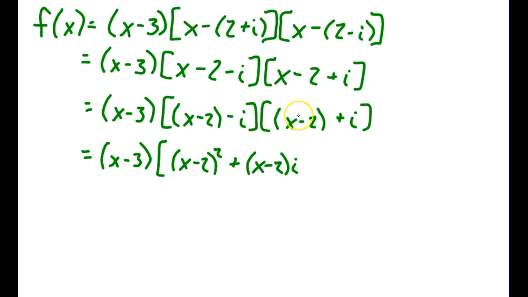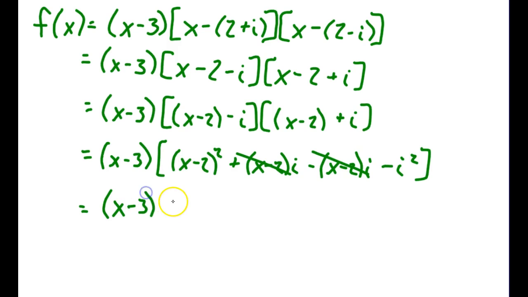Then I'm taking negative i times x minus 2, so I have a minus x minus 2 times i, and then we have minus i squared. So now we have a positive and a negative. These two middle terms cancel each other out, leaving us with x minus 3 times the quantity.